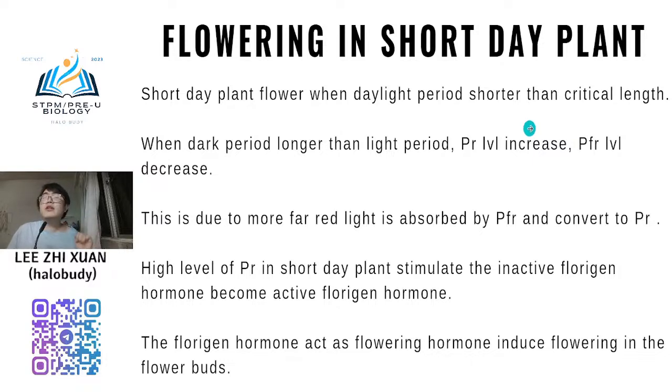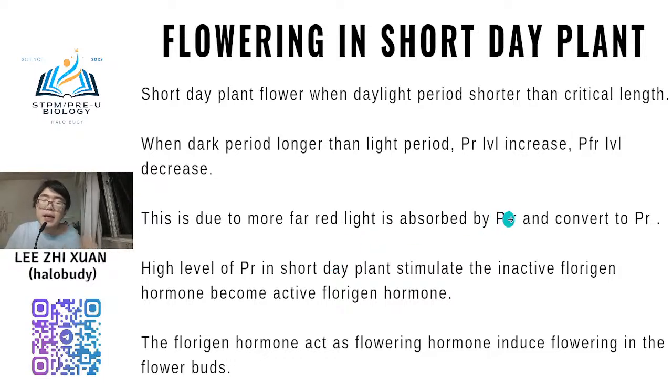Okay, normally you need to know also the mechanism of how the plant flowers. I already mentioned in a short day plant, the plant will only flower when the daylight period is shorter than the critical length. Another meaning is the dark period is longer than the light period. So your PR level increases and your PFR level decreases. In the dark period, you still remember your PR increases because far red light is high.